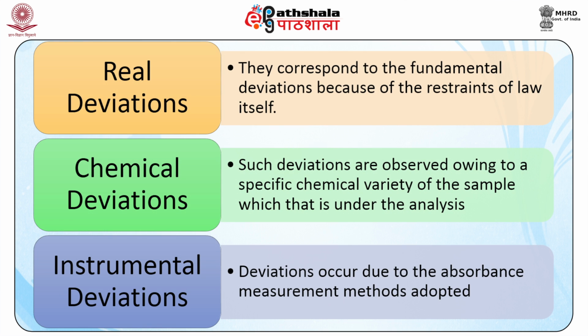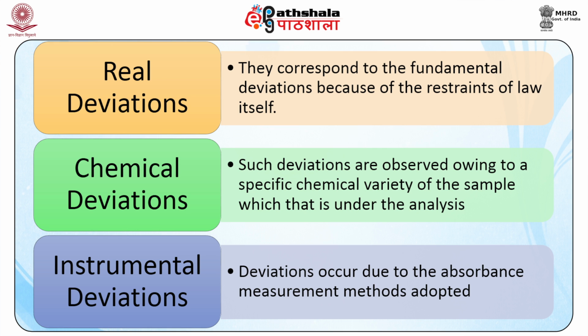The departure from the Lambert-Beer's law can be broken down to three types of classes according to their causes. First is the real deviations. They correspond to the fundamental deviations because of the restraints of law itself.